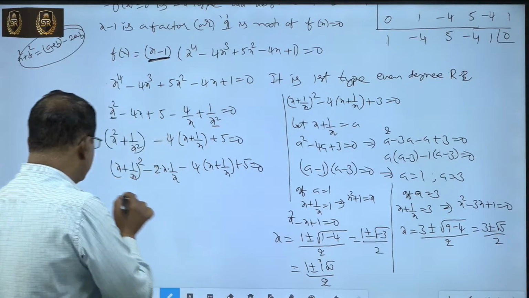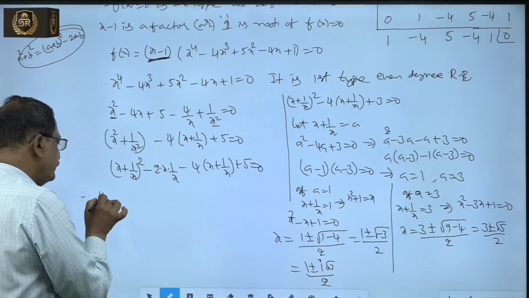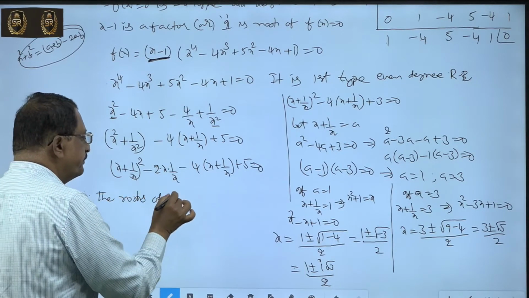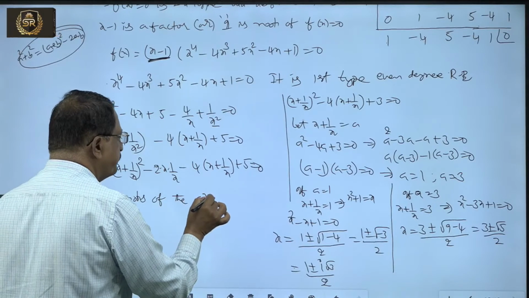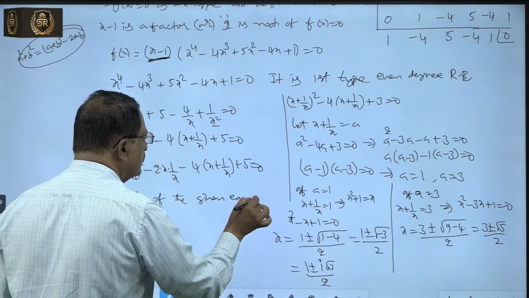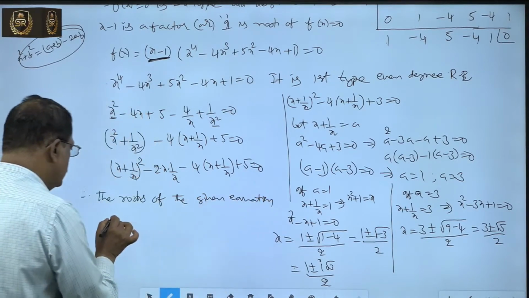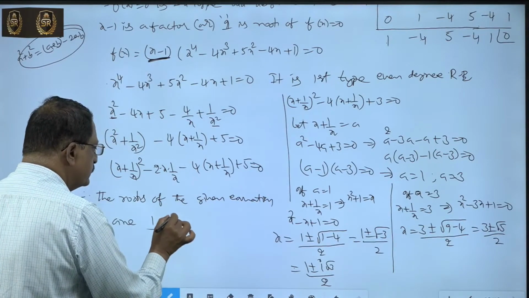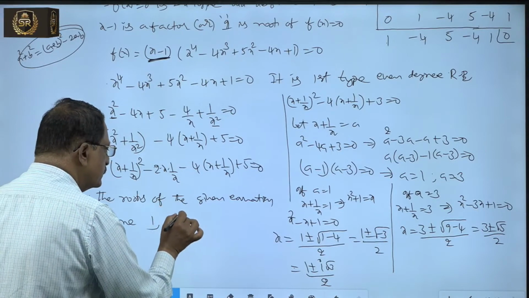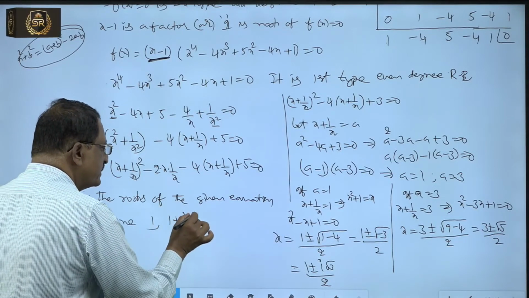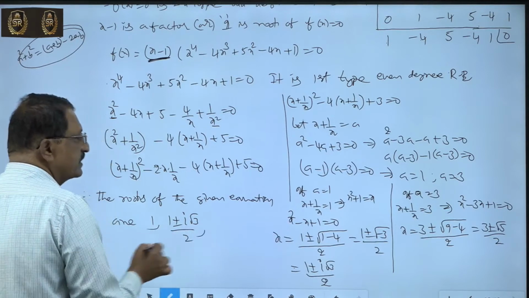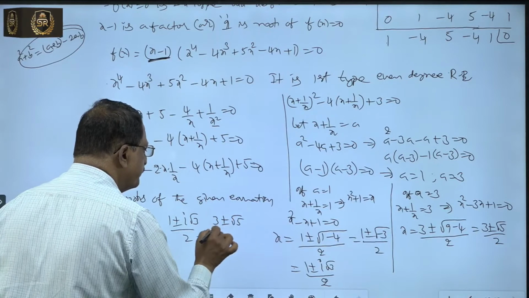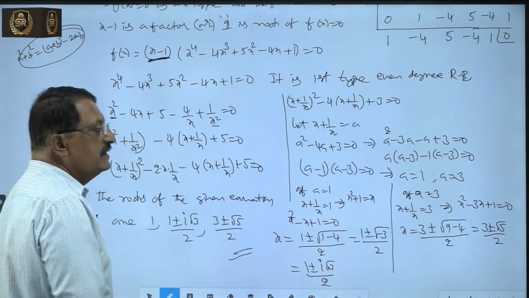Therefore, the roots of the given equation are: 1 is one root, next two complex roots 1 plus or minus i root 3 by 2, next two irrational roots 3 plus or minus root 5 by 2. These are the 5 roots of the equation.